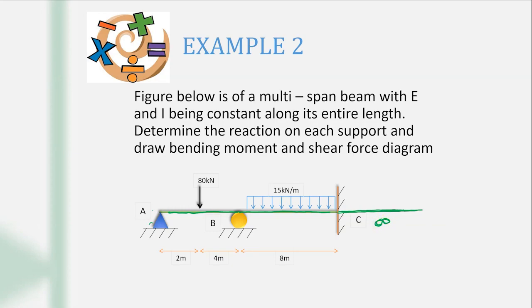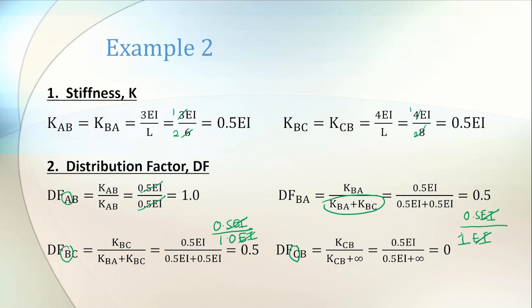That is in structure memang macam tu. Therefore total stiffness at support C is KCB plus infinity. Macam mana pun you tetap akan dapat kosong, because any number that deals with infinity memang will automatically become 0.